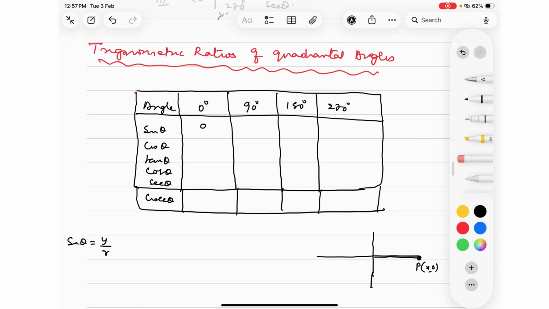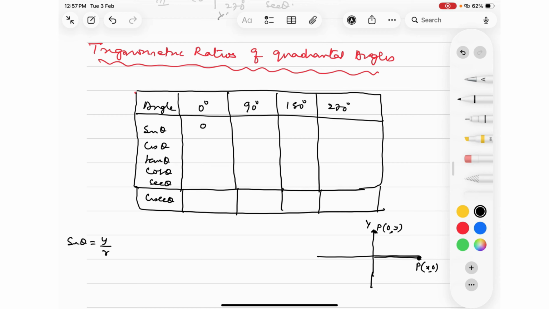Now if the point P is exactly on the positive y-axis, the x coordinate will be 0 and the y coordinate will not be 0.